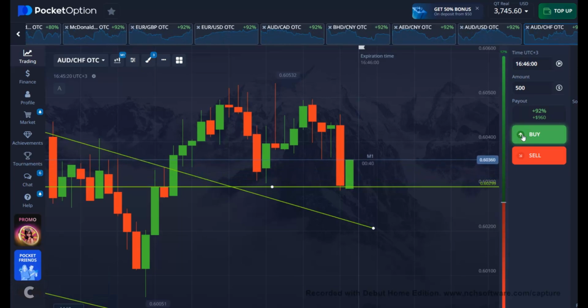Okay, looks like it won't come down. So the reason as to why I took the trade, okay, let it come down. Okay, it's fine. So the reason as to why I took the trade, so that was a loss.